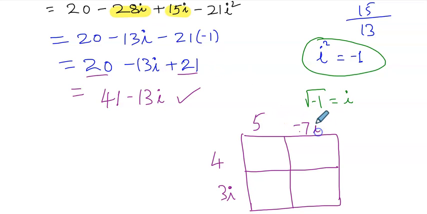And then multiply. 4 times 5, 20. 4 times 7, minus 28 with the i here. 3i times 5, 15i. 3i times 7i with the minus, 21i square. These are the same things you got. 20, 28, 15, 21. Right? So, you can do it by any one of these two methods.